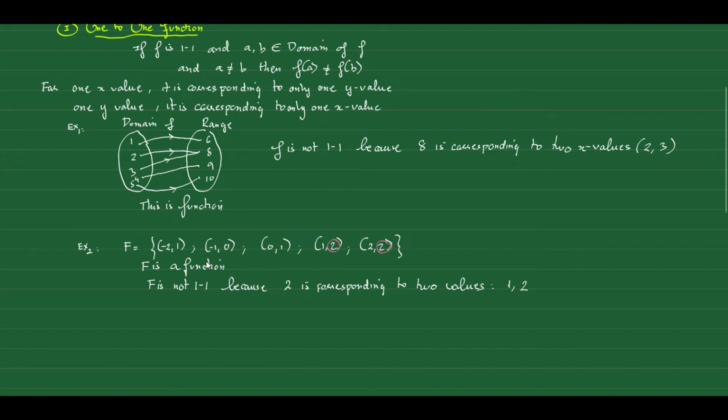Besides, you also see that right over here, this and this, there are also 2 values, -2 and 0.